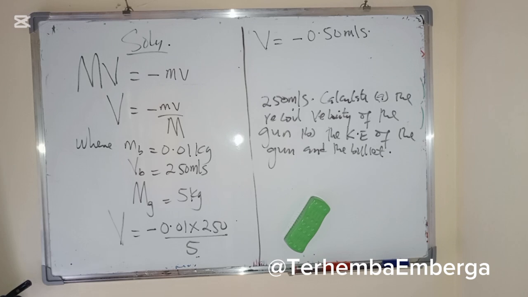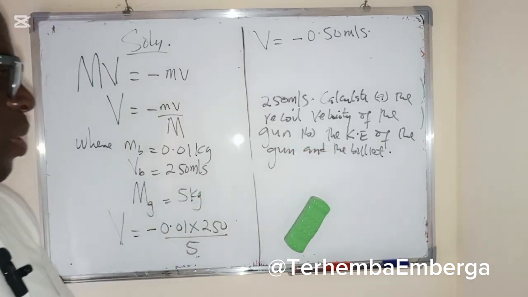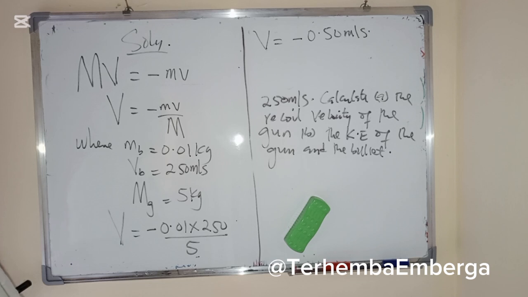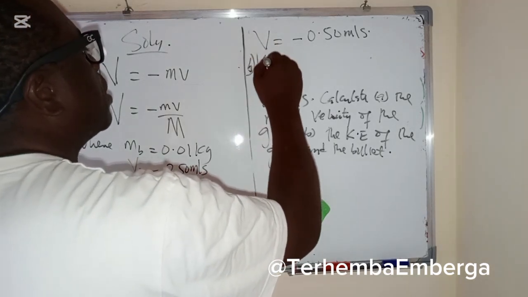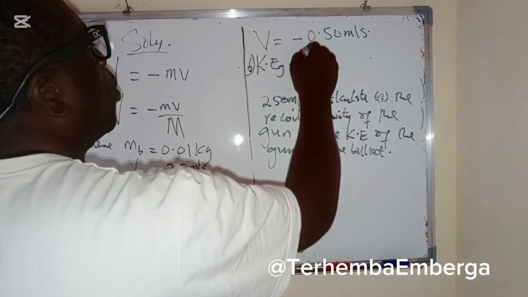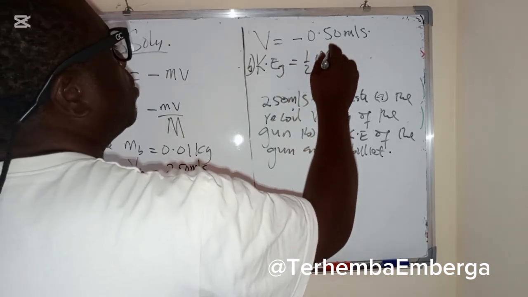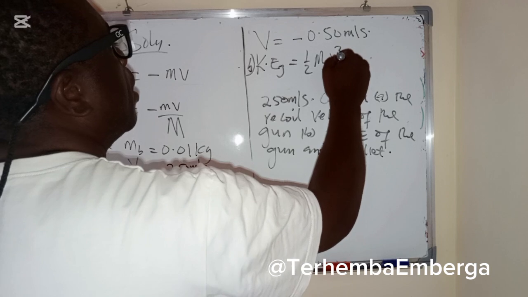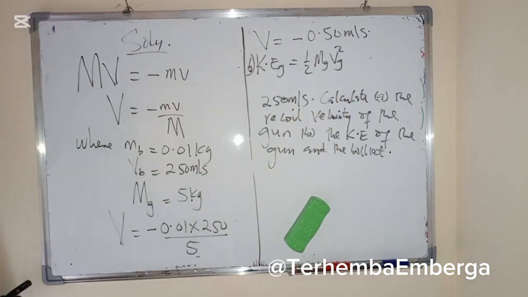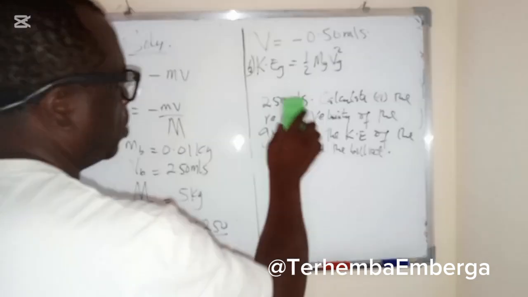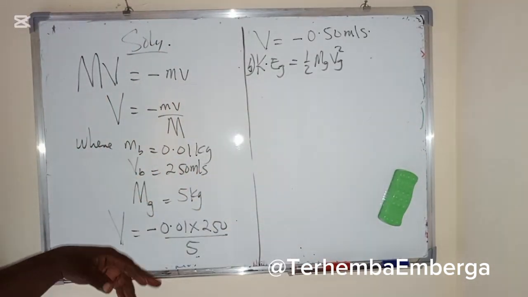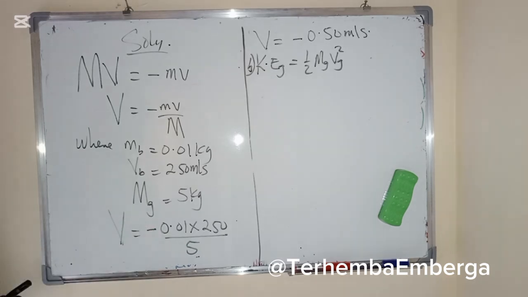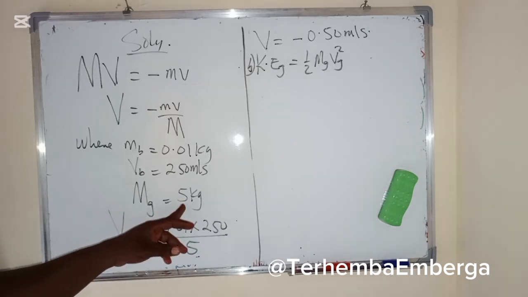So let's look at the B part of the question, the kinetic energy of the gun and the bullets. So kinetic energy of the gun is half M V squared, and that's the formula we use. Based on the parameters given to us, the mass of the gun is 5 kg.